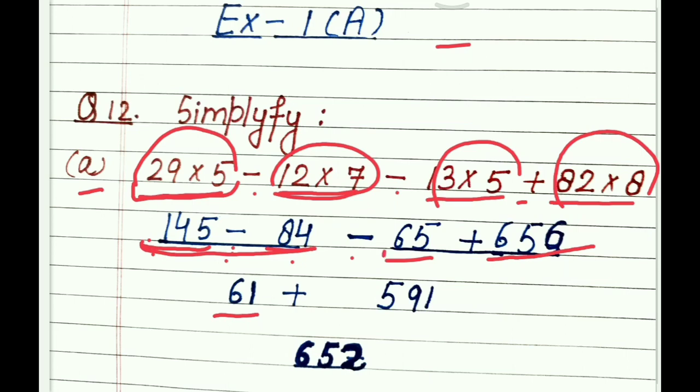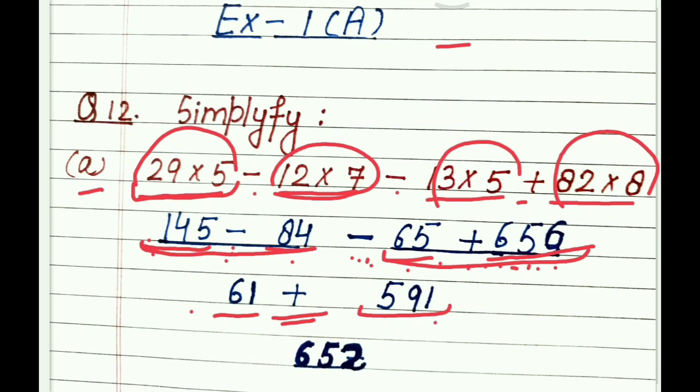And now here also, 656 minus 65, plus and minus, so minus here. 656 minus 65, how much is left? 591. And here the sign will be plus. Why? Because 656 is more than minus 65. So here the sign will be plus only.